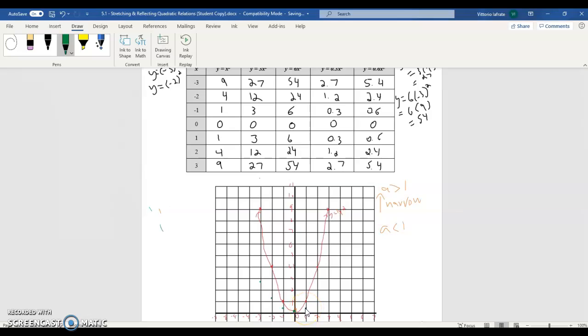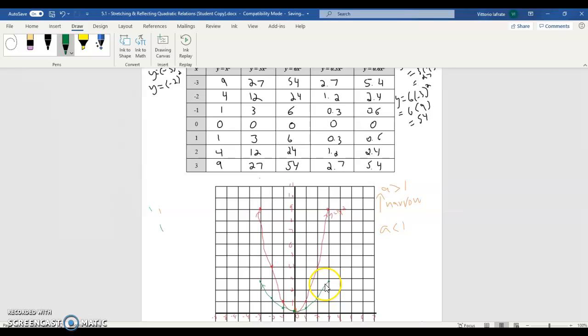Then for 2, we have 1.2, so about here. And for 3, we have 2.7, so just about here. Maybe a little lower, but again, that will do the trick. And now we can connect these dots and extend if we need to.